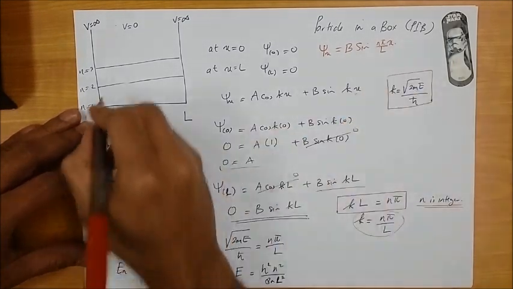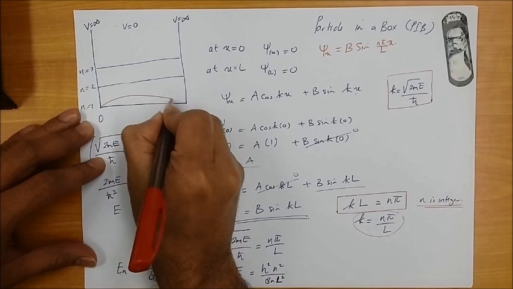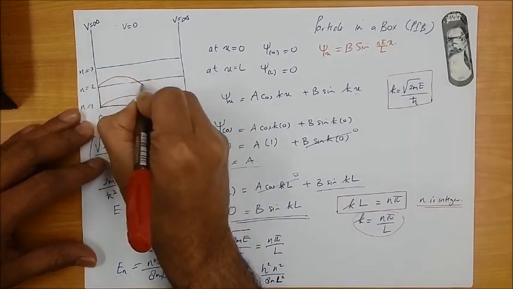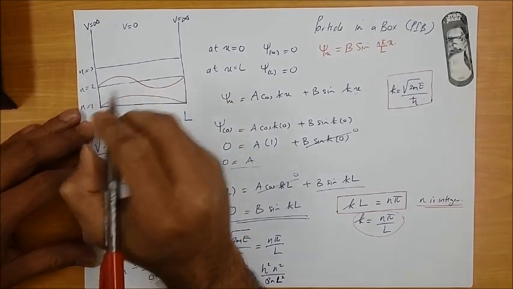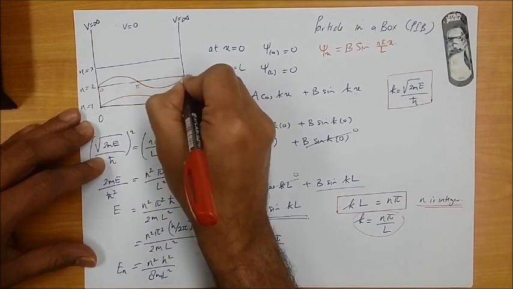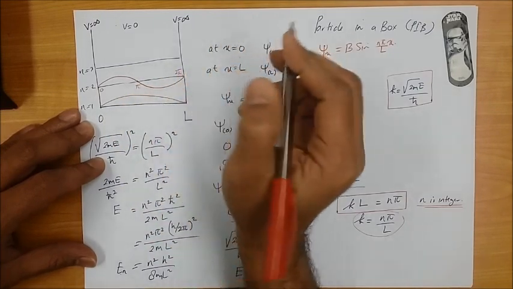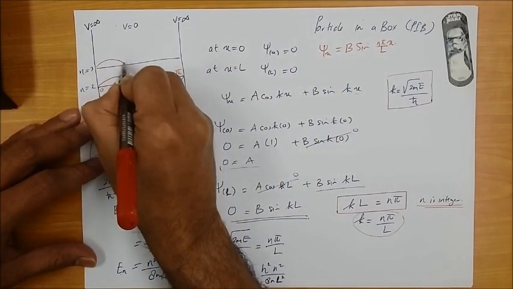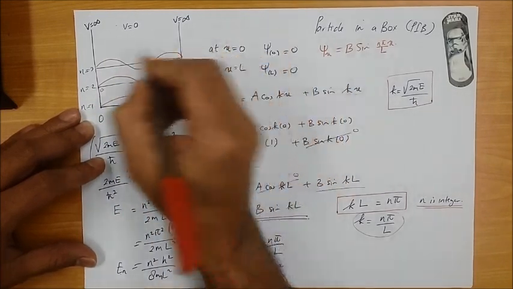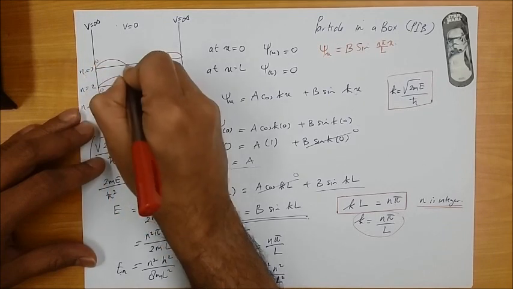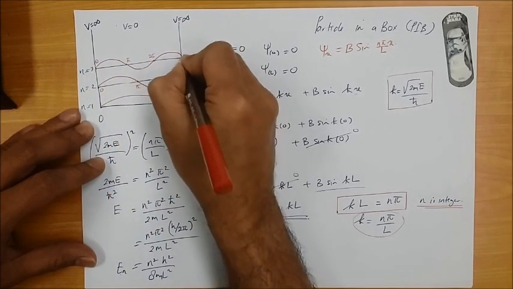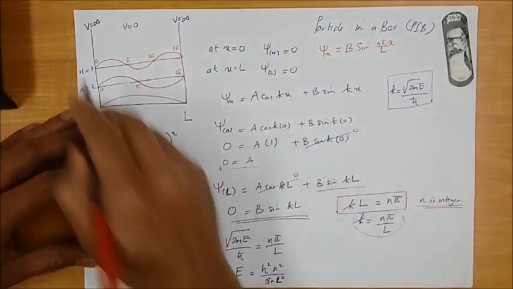So if n equals 1, it will give you this wave function. If n equals 2, it will give you this wave function. This is 0, this is pi, this is 2 pi. If n equals 3, it will give you this wave function. This is 0, this is pi, this is 2 pi, and this is 3 pi here, and so on.